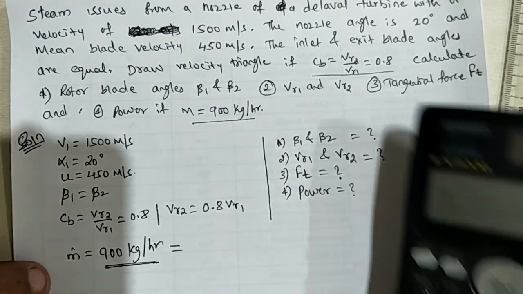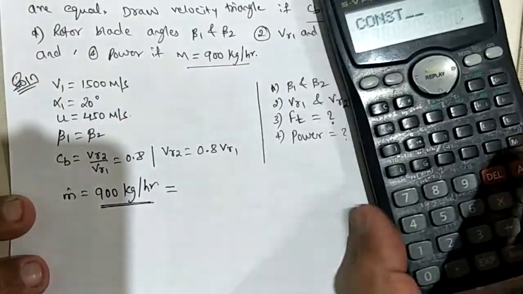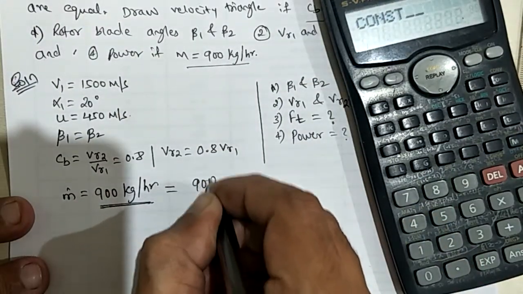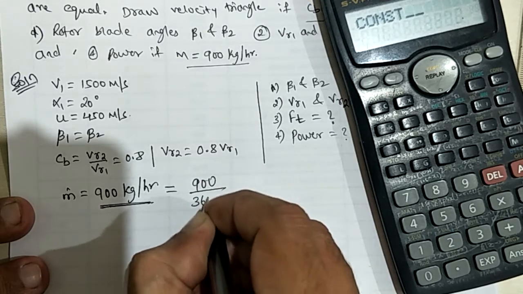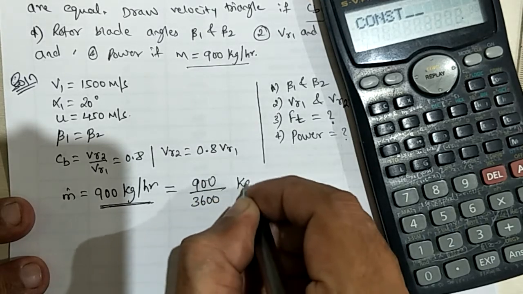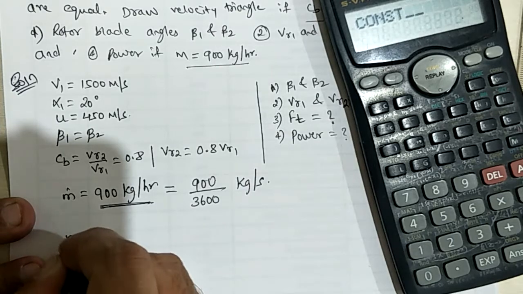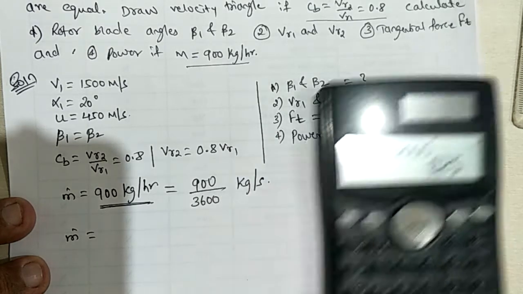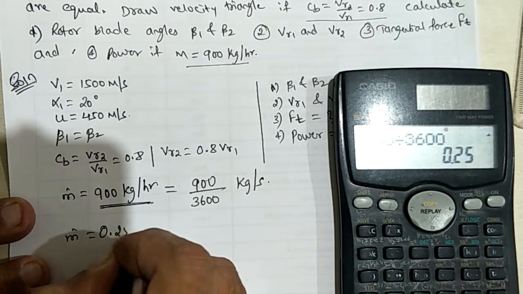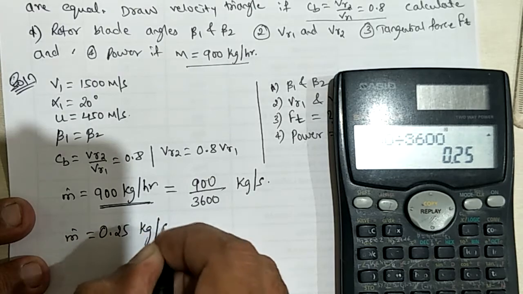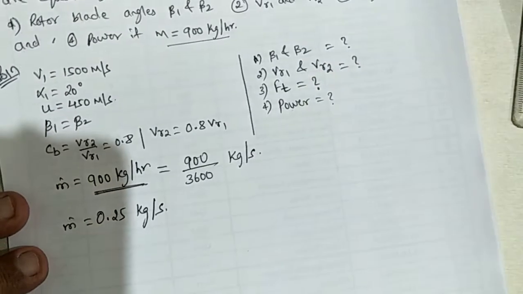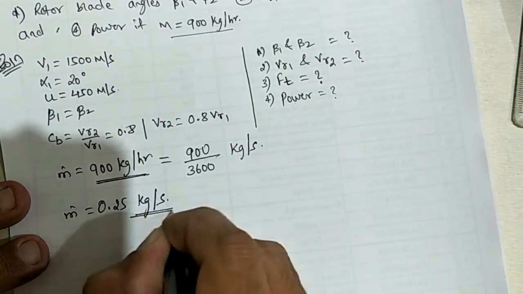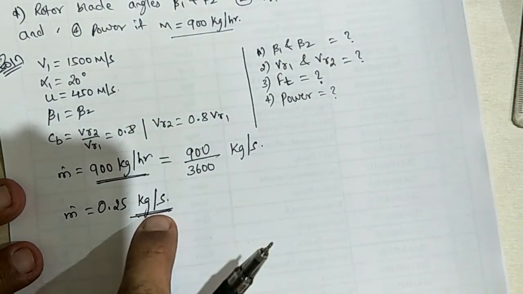So we are going to convert this, 900 divided by 3600, so m dot is 0.25 kg per second. So it has to be converted into kg per second. It is a very important part.